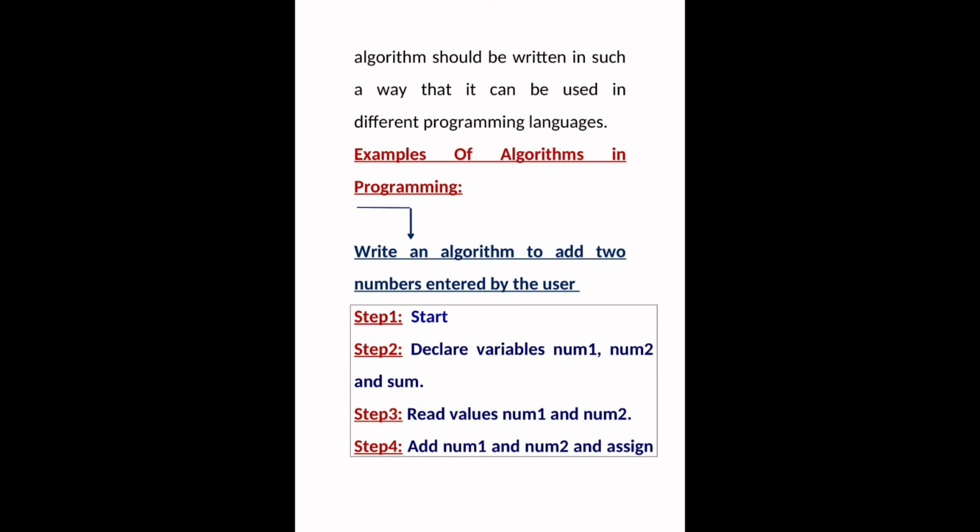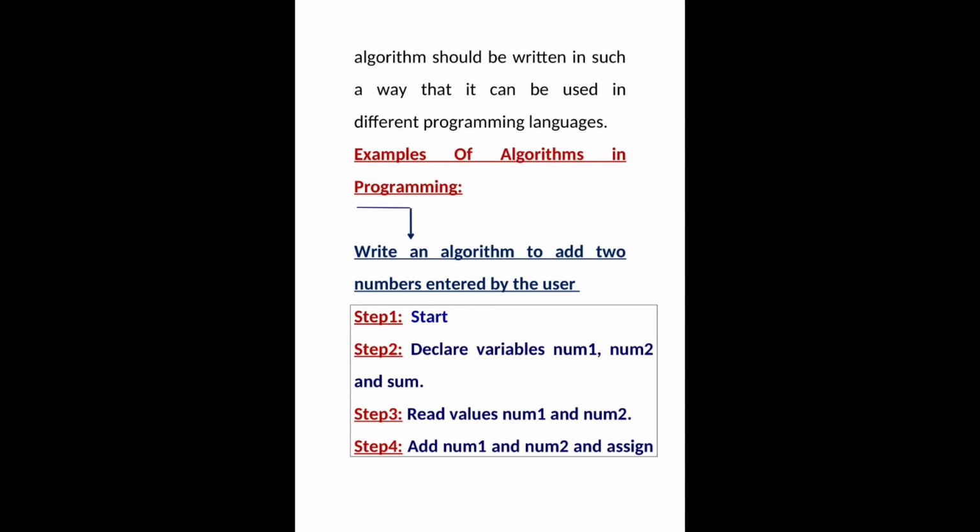Write an algorithm to add two numbers entered by the user. An algorithm is a set of instructions in sequence. Step 1, start. Step 2, declare variables number 1, number 2 and sum.